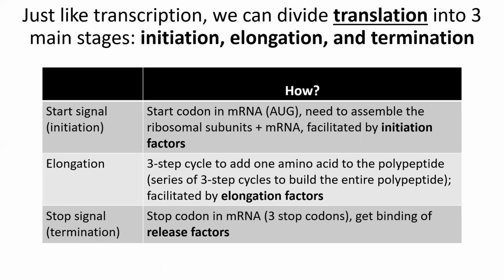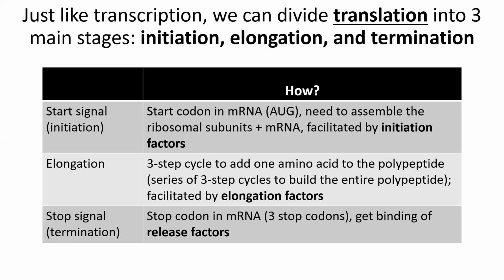If we're dividing translation into 3 stages, just like we did transcription, it also has 3 stages that sound very similar: initiation, elongation, and termination. Your start signal, remember we talked about these regions of genes having a promoter or a start region. That is a region that codes for a start codon.